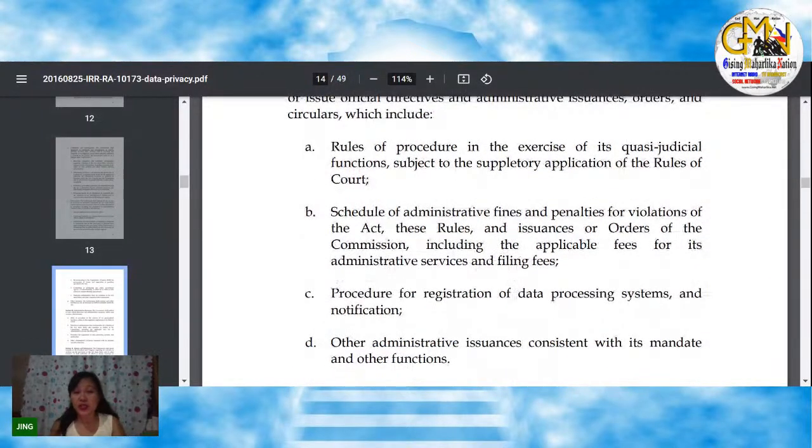Rules of procedures in the exercise of its quasi-judicial functions, administrative services and filing fees. Letter C. Procedure for registration of administrative issuances consistent with its mandate and other functions.